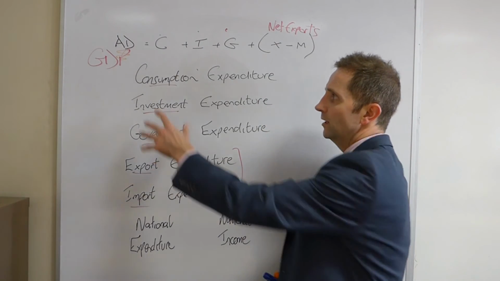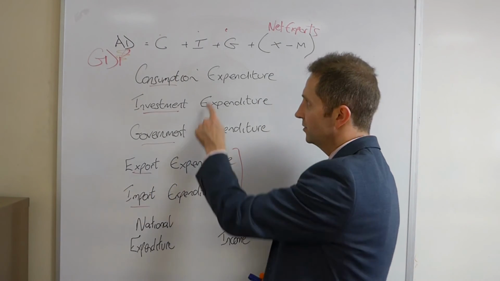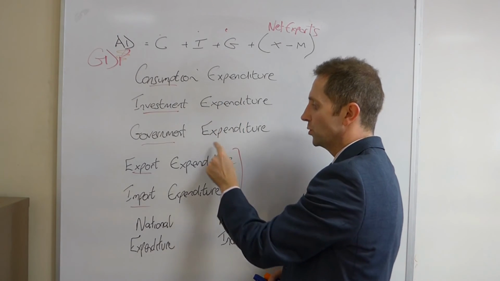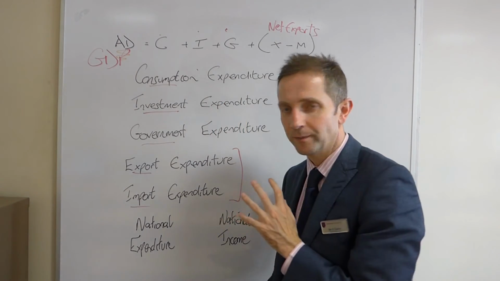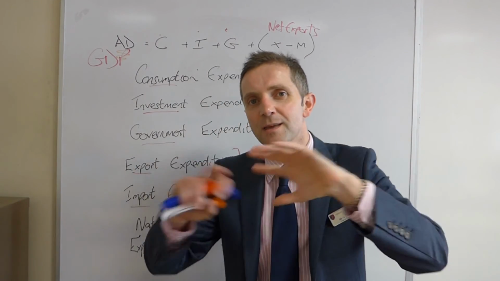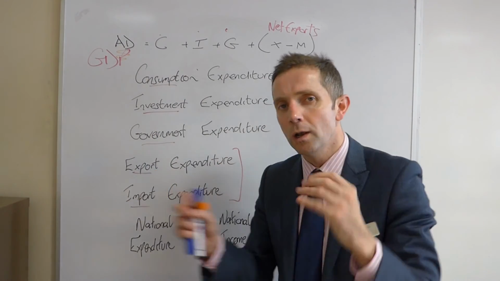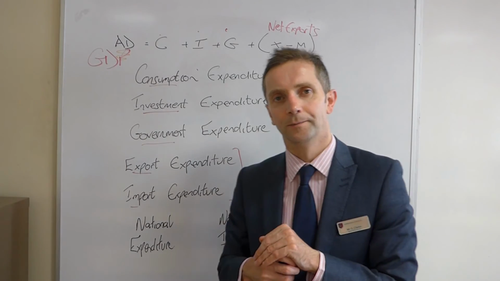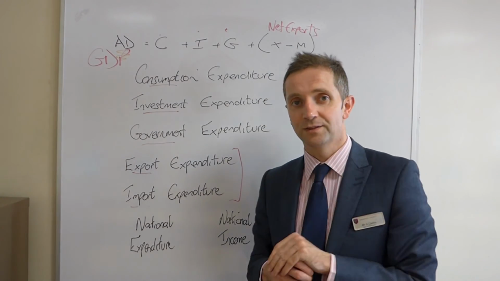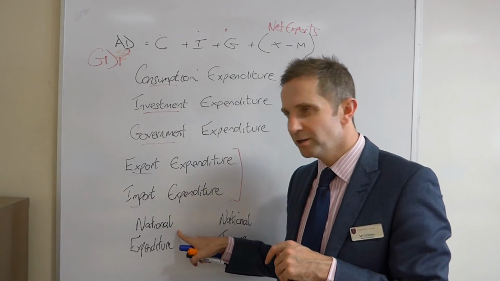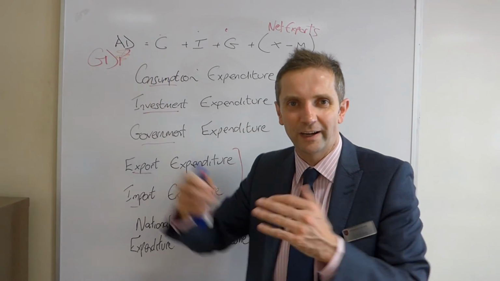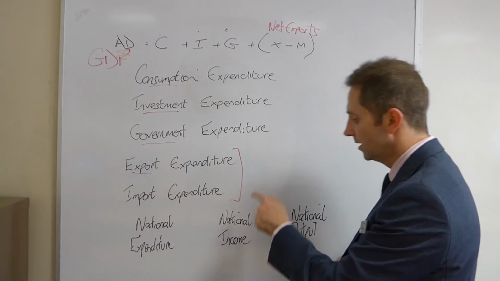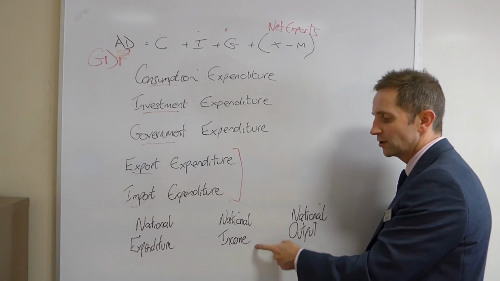So when we measure this, we're actually measuring, if you take this method, all expenditure. And we're measuring expenditure at the macro level on the whole. And so as a consequence of that, we call it the national expenditure. Now there are two other methods of measuring national expenditure, or GDP, or in effect AD, and they are by measuring national income.